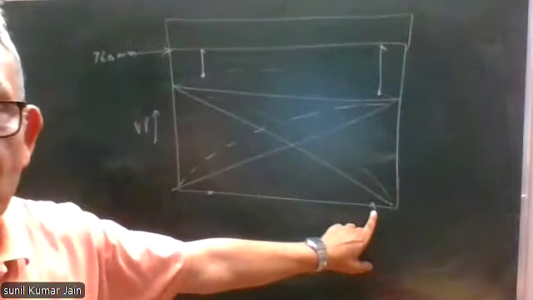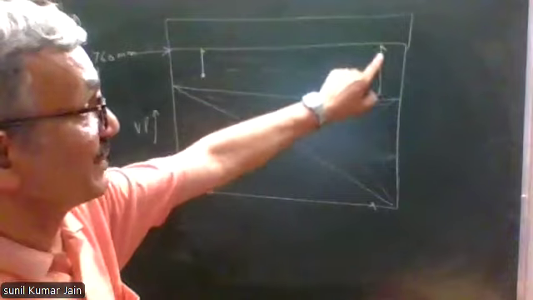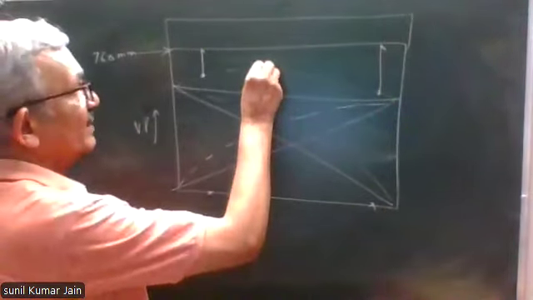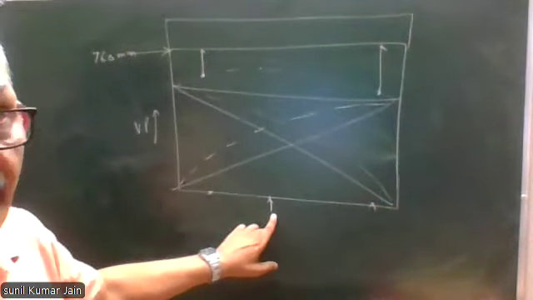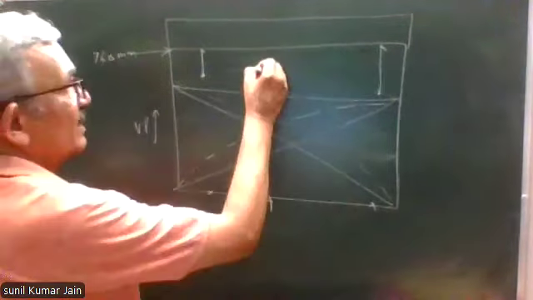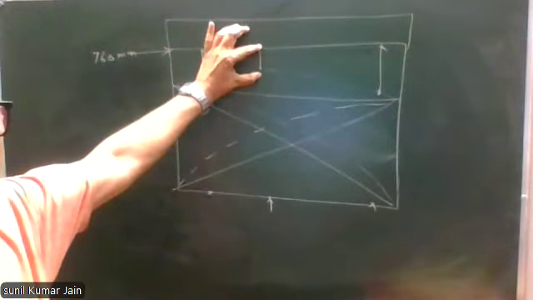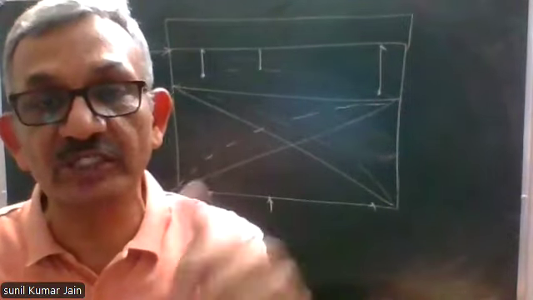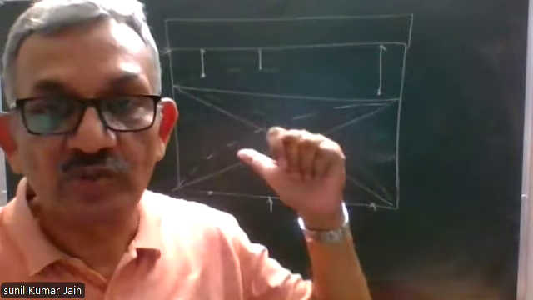If I want to make the solution boil with this composition, I have to increase vapor pressure to this extent. At this composition, vapor pressure of the solution is maximum. It means this gap is minimum. And if this gap is minimum, it means I have to supply minimum amount of energy to make this solution boil. Right?